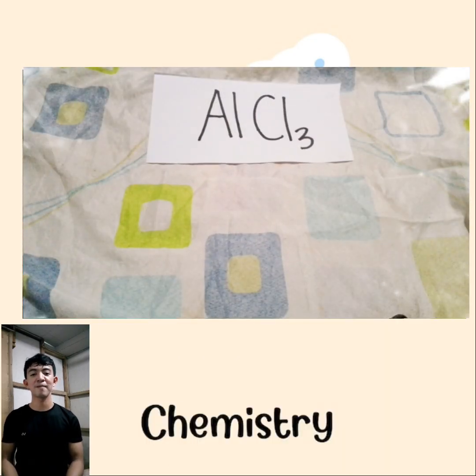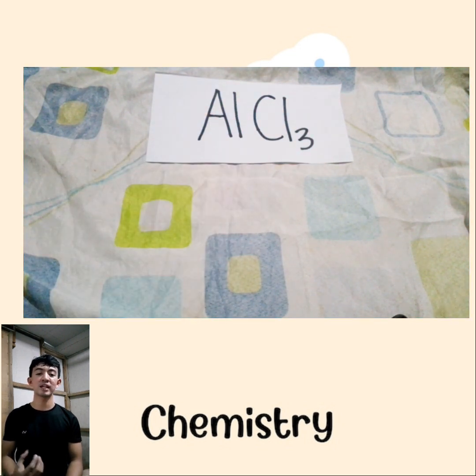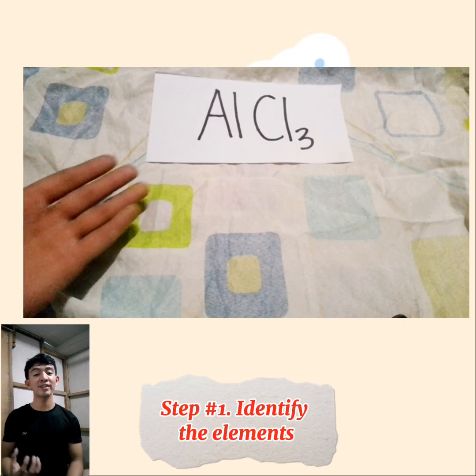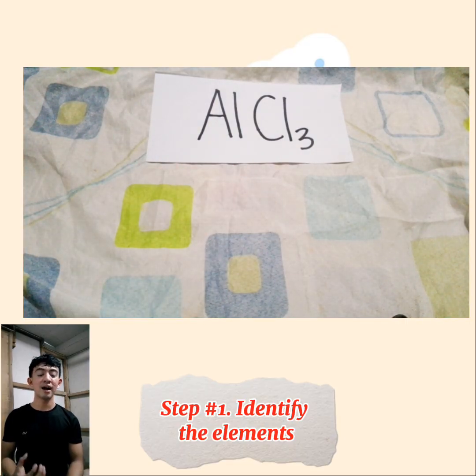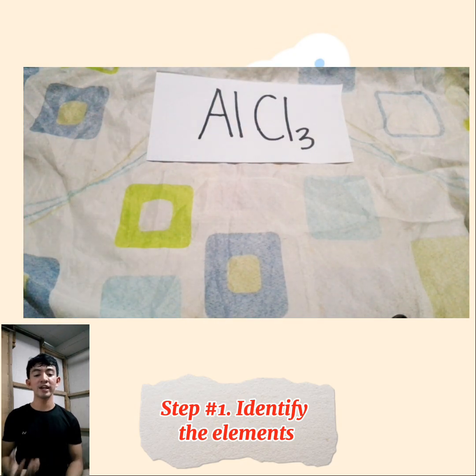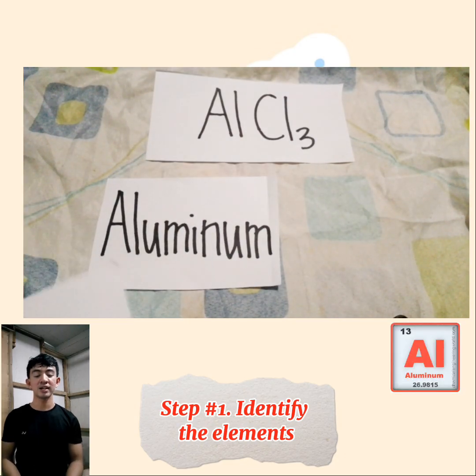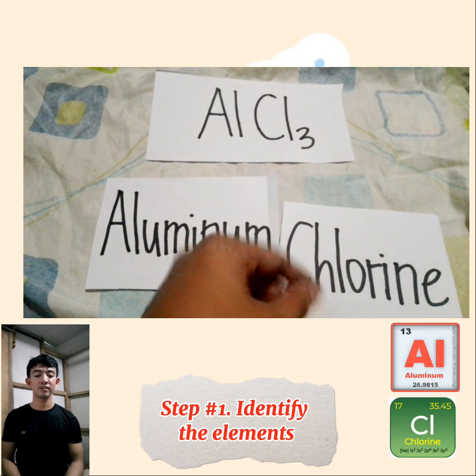For the next example, we have this AlCl3 compound. Again, following the rules that I have discussed, our first step is to identify the names of the atoms or elements that are involved here. Al, of course, is aluminum, and Cl3 is for chlorine.